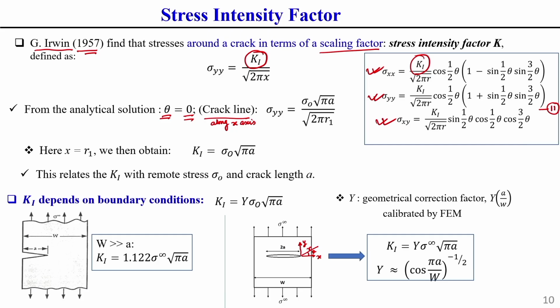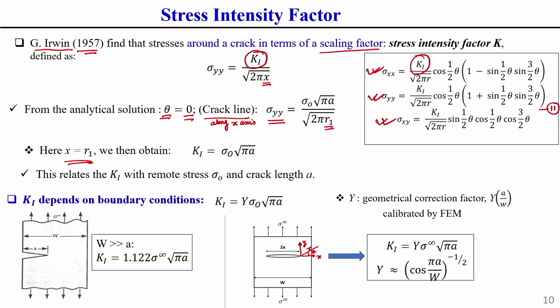In this case, we can write sigma yy in terms of K1 by root over 2 pi R1, where R1 is this x we consider. So, x is written as R1, at a distance.